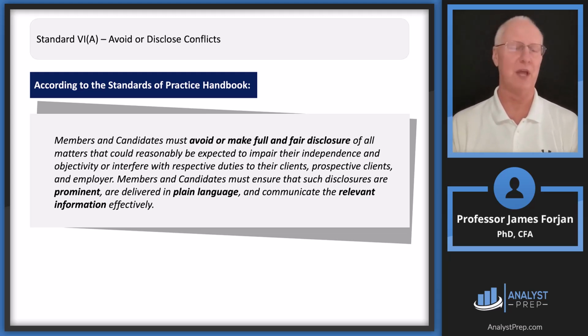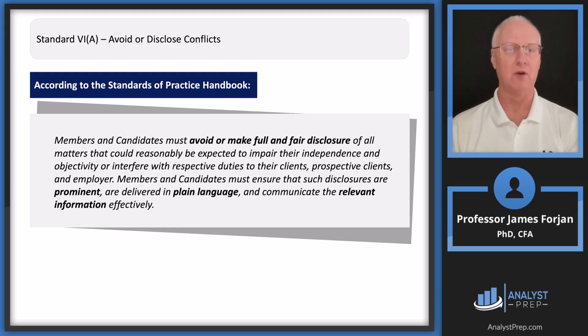So the Institute is not asking us to be perfect and avoid all these things. The Institute says, look, you're going to have these conflicts. Make sure that you do not allow that conflict to influence your investment recommendation or any kind of behavior. And if you reasonably believe that it will, well, then just back away and say, you know what, I can't be a part of this.